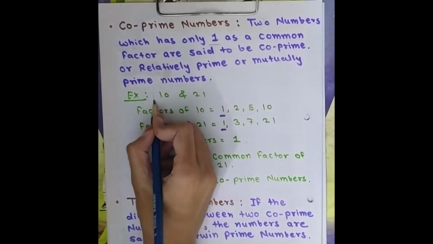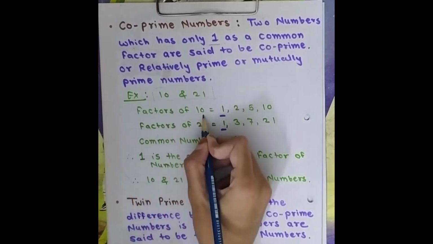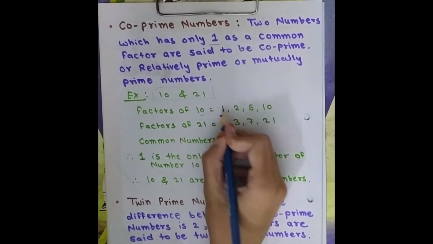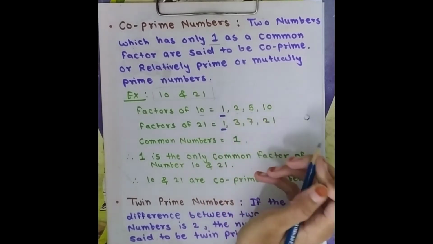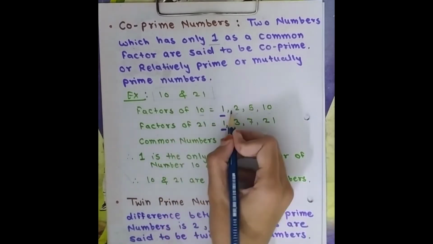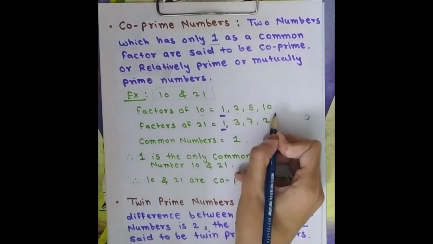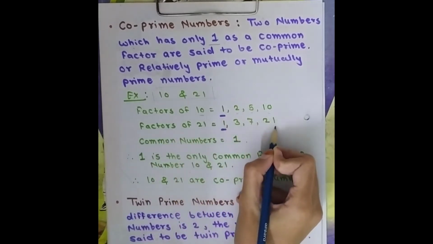Suppose these two are the numbers 10 and 21. So factors of 10 are, in which tables does 10 come? 2's table, 5's table, and 10's table. So factors of 10 are 1, 2, 5 and 10, and factors of 21 are 1, 3, 7 and 21.